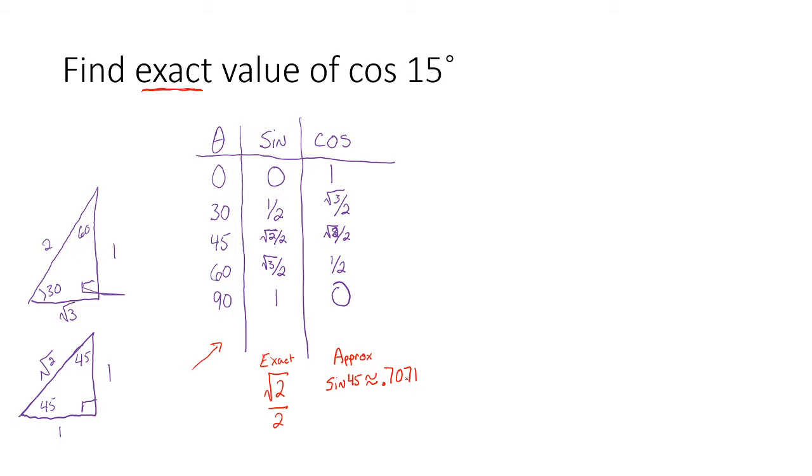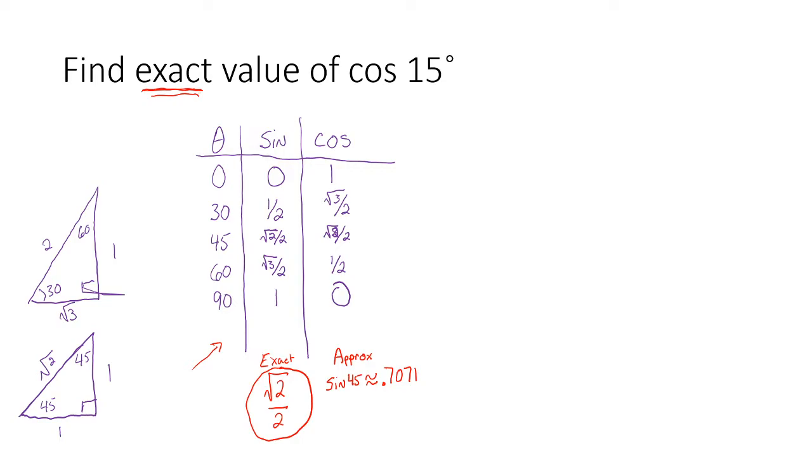Again, that's an approximate value where this value here is exact. And if you tried on your calculator to do the square root of 2 and then divide it by 2, you would get 0.7071. So this question here asks the exact value.